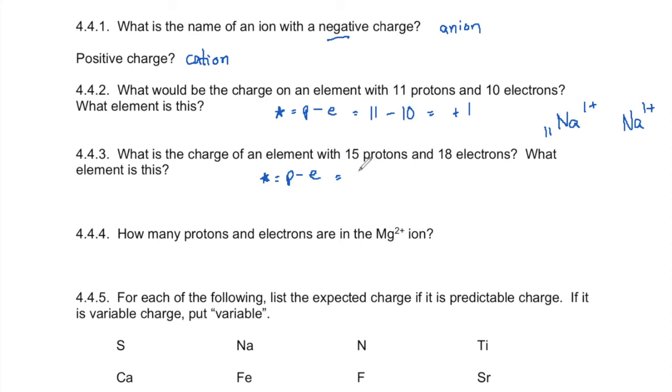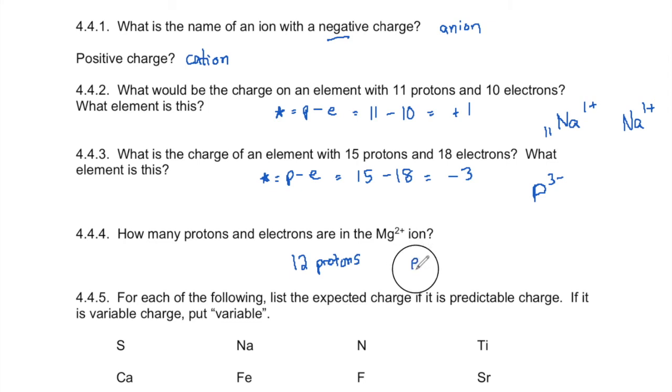In this particular case, we have 15 protons and we're subtracting 18 electrons, so that would be a -3 charge. And then that is element phosphorus with a -3 charge. So magnesium has 12 protons. We can tell from its atomic number on the periodic table.